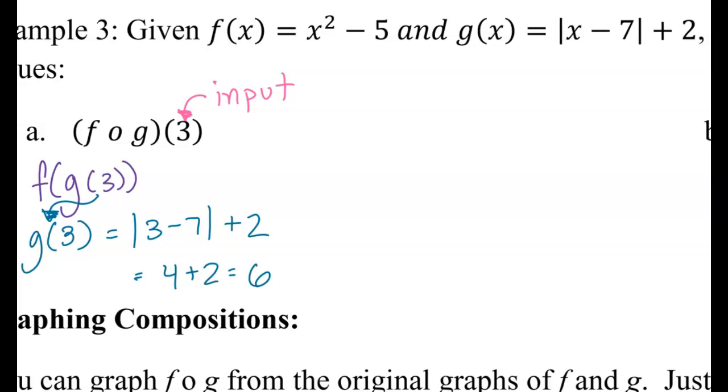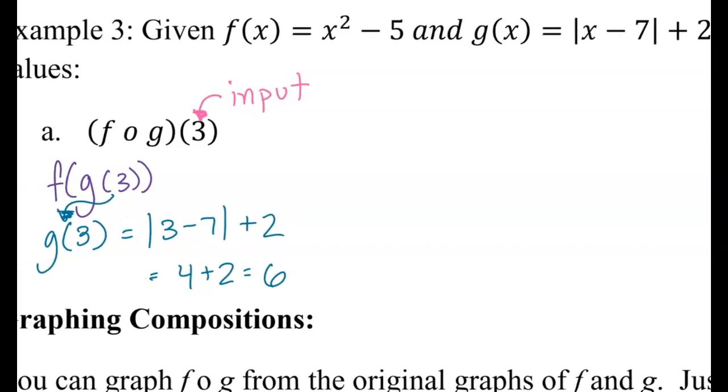So 6 is what we are inputting into the next letter in our composition notation, f. So we are now taking 6, and in f of x, wherever we see an x, we are instead writing 6.